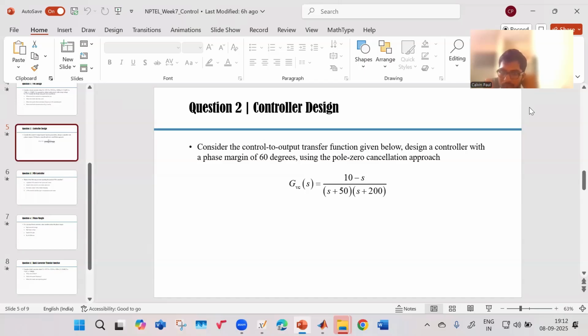Then a controller pole at origin and another pole at say S plus 10. Okay. So, we'll do that same approach as we have done. PID will only work.